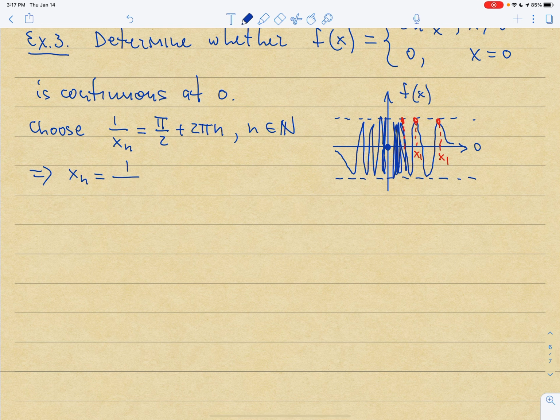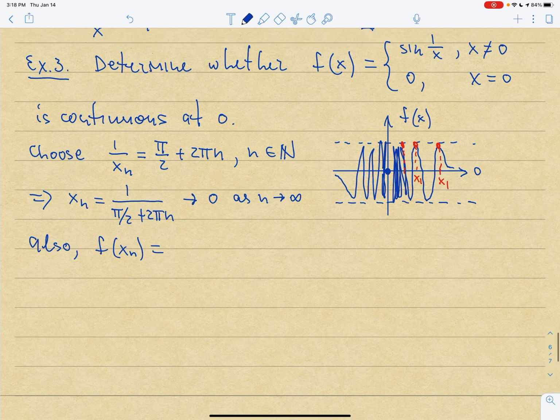So then if I solve for x_n, it's 1 over (pi over 2 plus 2 pi n). Well, n is in the denominator, so clearly this goes to 0 as n goes to infinity. Also, what about f of x_n?